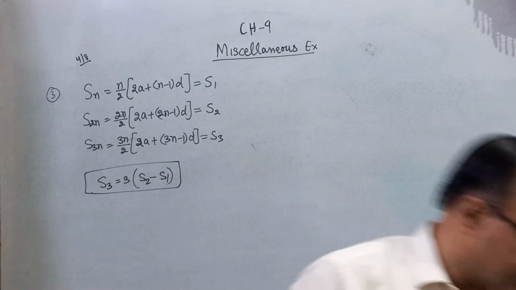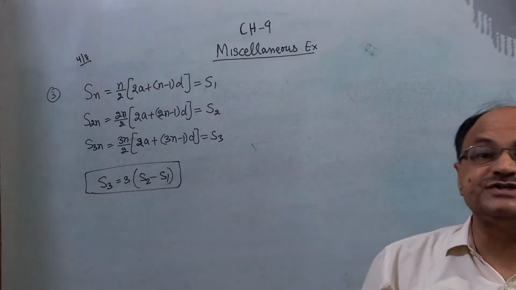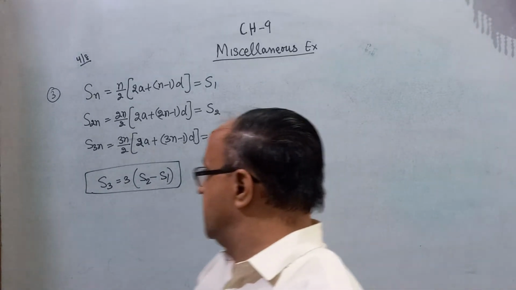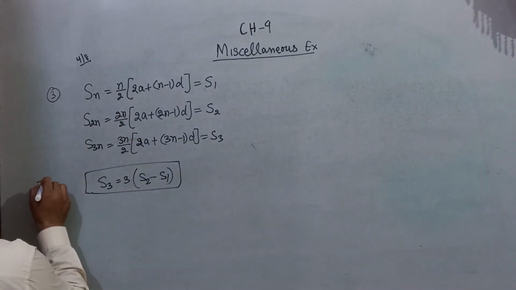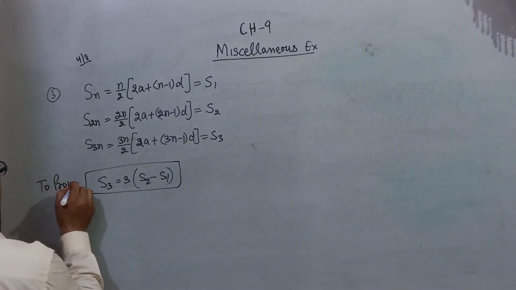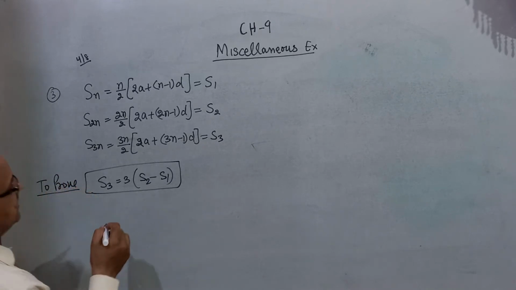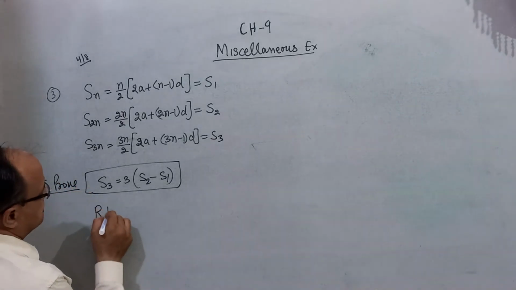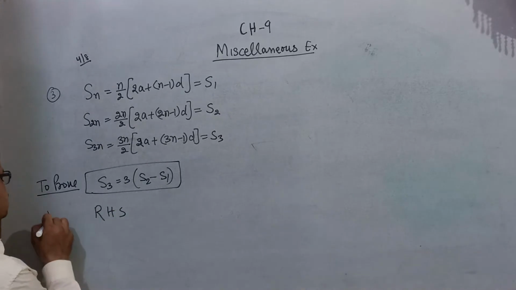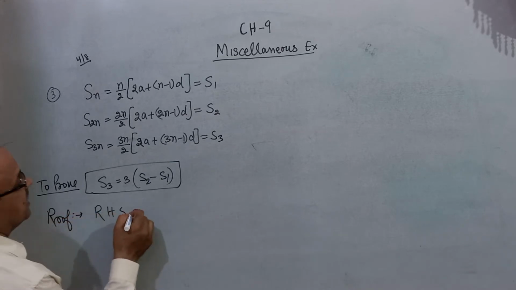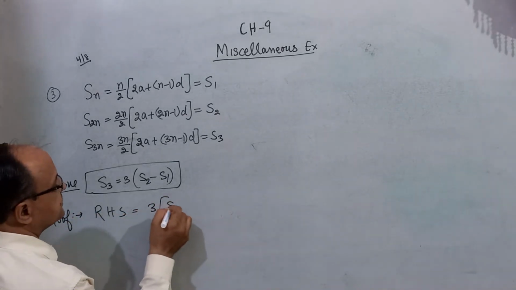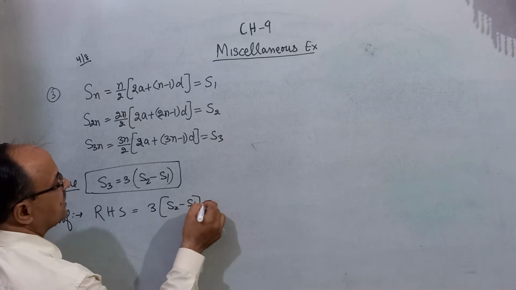Clear? How can you solve this question? The question is very easy. To prove this, you can take the right hand side. The proof: right hand side, 3 into (S2 minus S1).